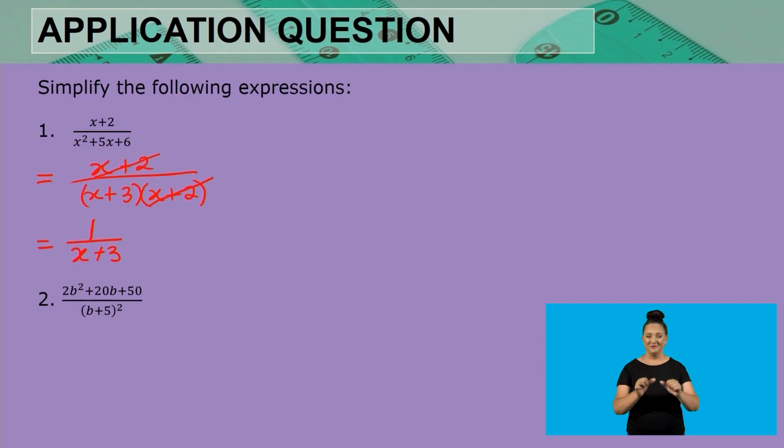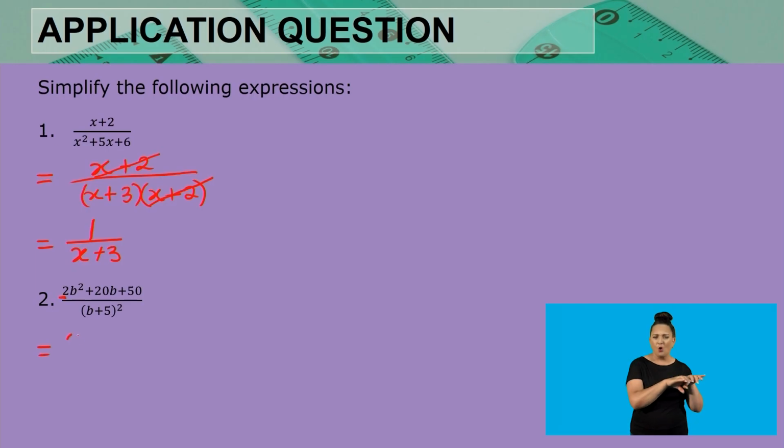Let's move on to number 2. Looking at number 2 again, we have a trinomial at the top and a binomial that is being squared at the bottom. Do you remember how to square your binomials? When I'm looking at the top, I can immediately see that the value of a is a common factor.